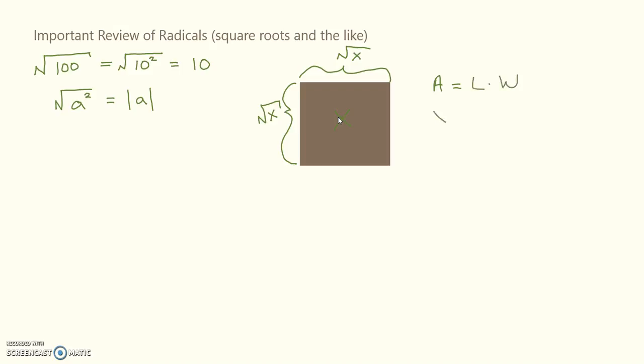Our area is x, by definition. The length of our box is the square root of x, and our width is the square root of x. We can also write that as the square root of x squared, and this equals x. So the square root of x squared is x because they undo each other, the squaring and the square rooting.